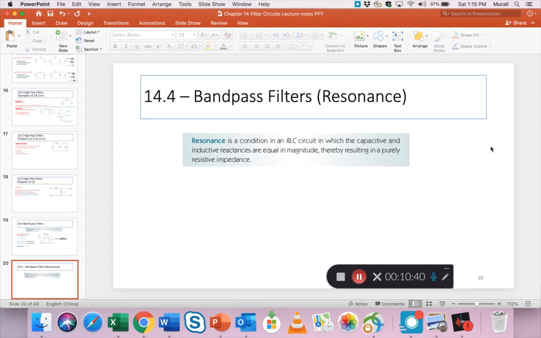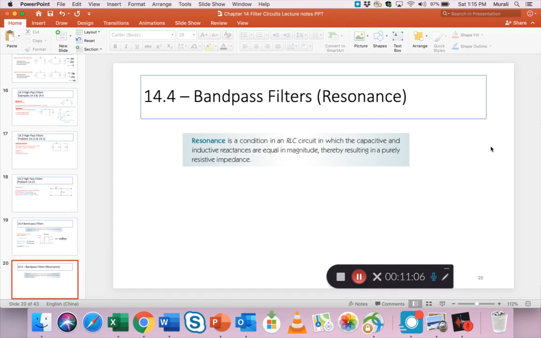So let's go a little more into resonance, because now we can't avoid it. At this point, to understand the remaining filters, we have to have a little more understanding of resonance. So I will introduce resonance. I don't really want to make you do any problems. The idea is not too difficult.